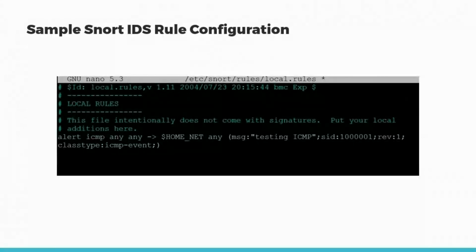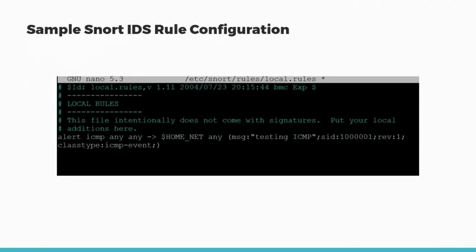Pictured on the screen, we have an example of a Snort IDS rule configuration. Snort is a free open-source intrusion detection system solution. In this case, it's running in Linux, although you can run Snort on Windows as well, and we're looking at the /etc/snort/rules/local.rules file.